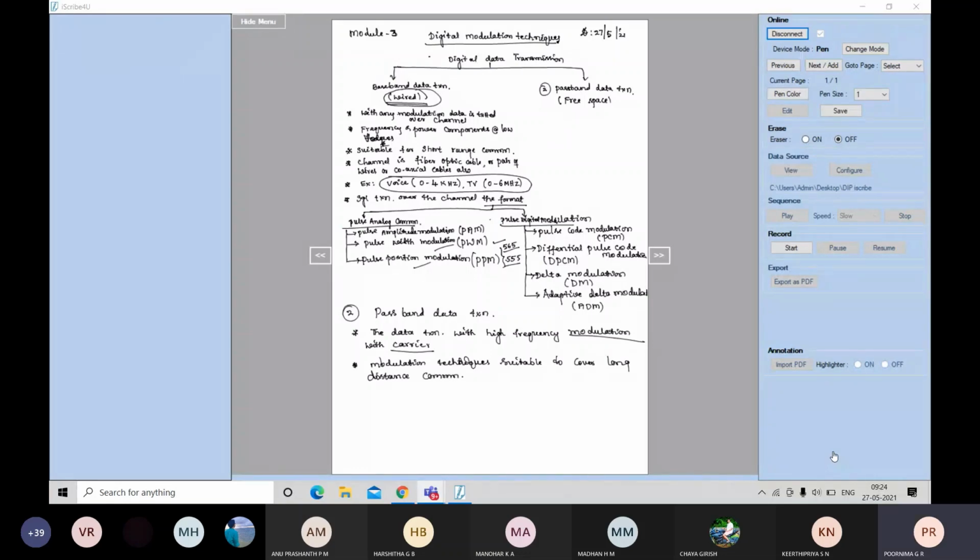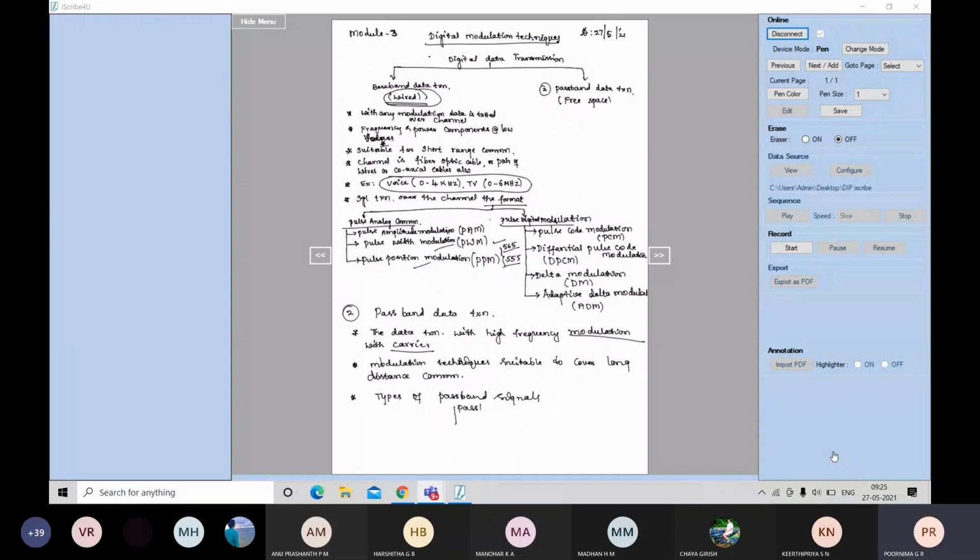Okay, and then so the types of modulation signals we'll be using for types of passband signals we'll come across are as follows.